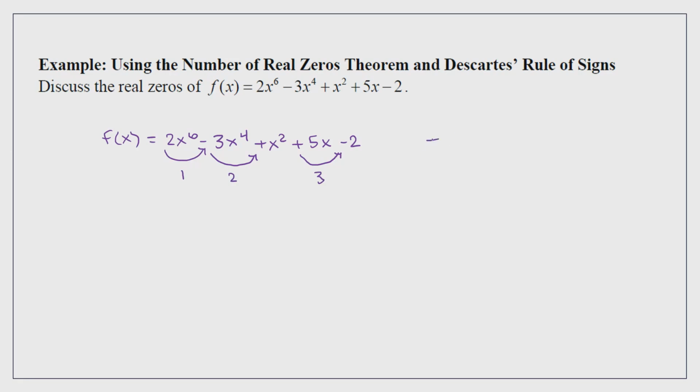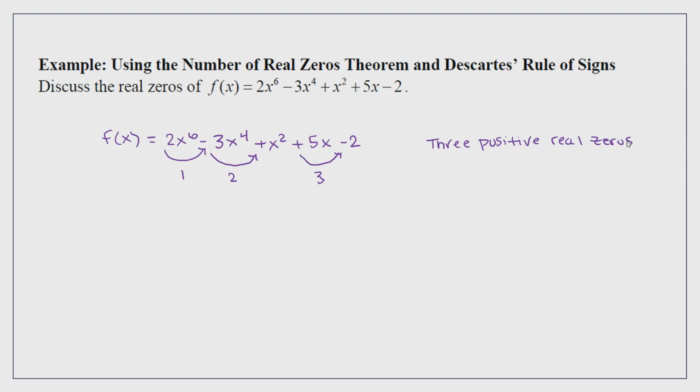So there are possibly 3 positive real zeros. But it's not just 3. It could also be equal to the number less an even integer.